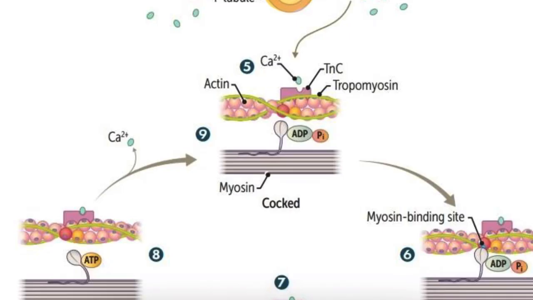For the USMLE examination and for NEET PG, FMGE, this is very important in physiology: the sarcoplasmic endoplasmic reticulum calcium ATPase is active transport, and the sodium calcium exchanger is secondary active transport using the sodium gradient.